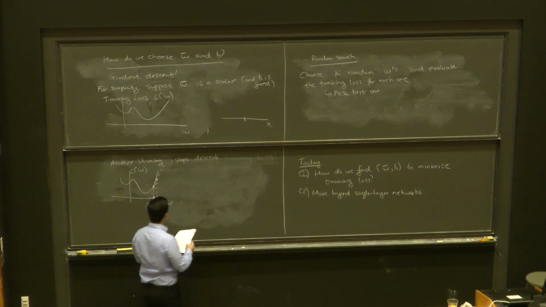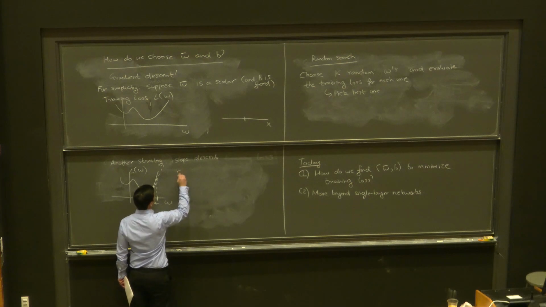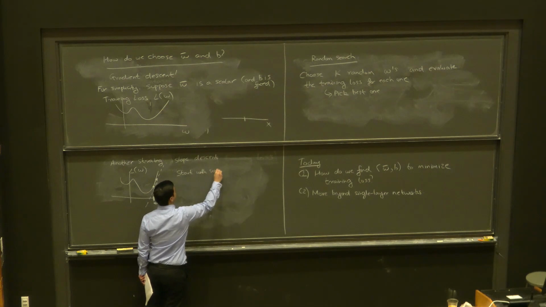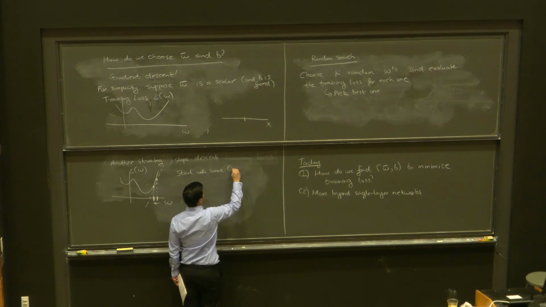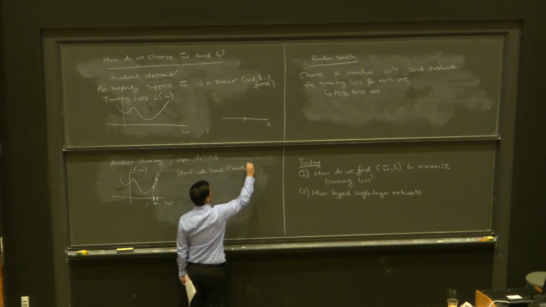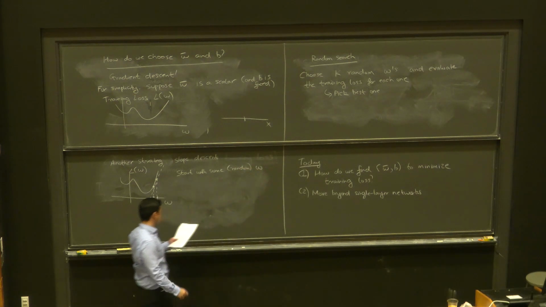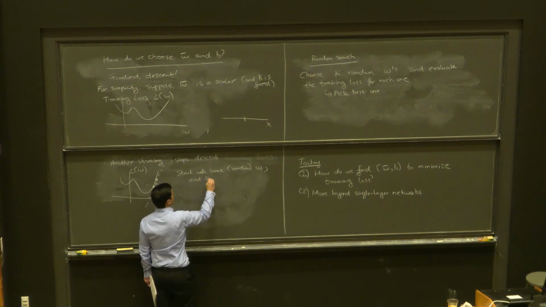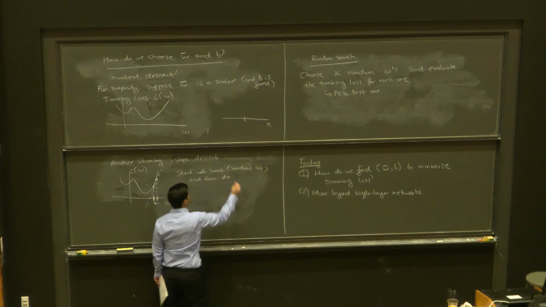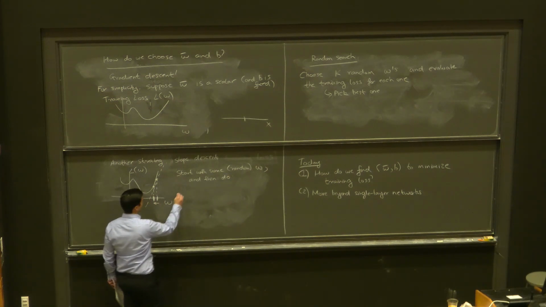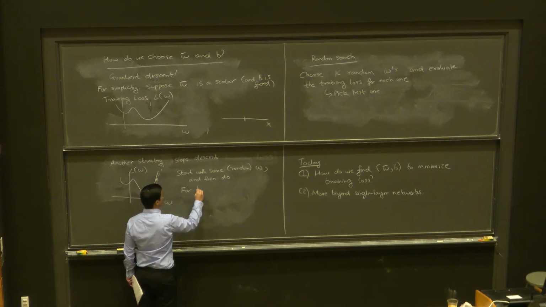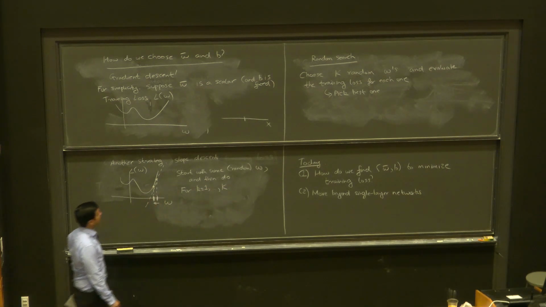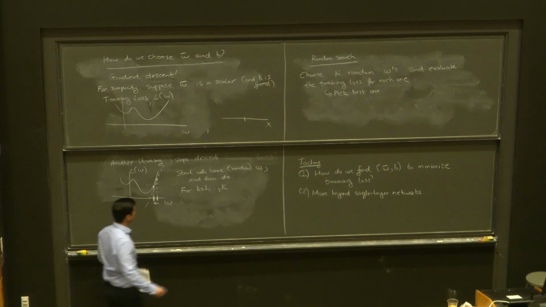So just to write this down formally, you start with some random W, and then execute this for loop. So for k equal to 1 through capital K for some number of iterations.